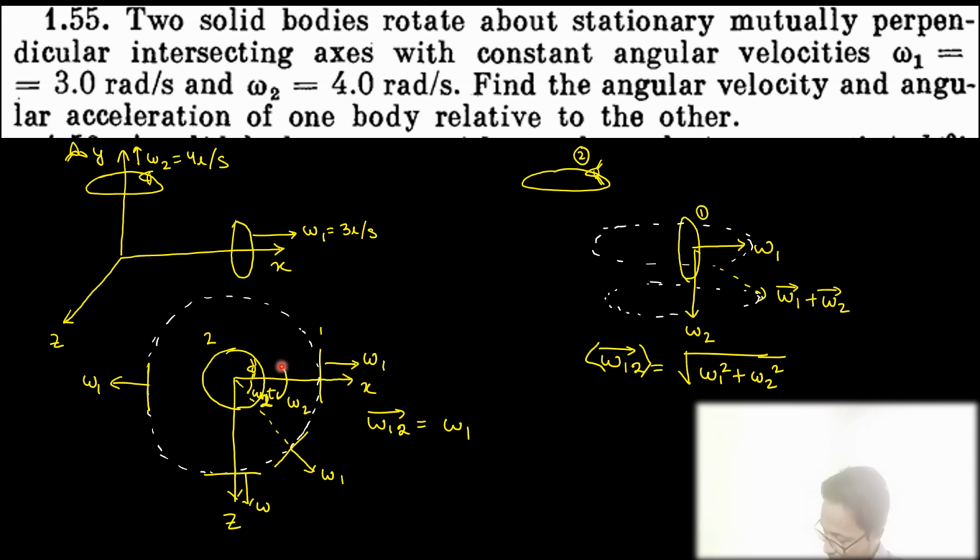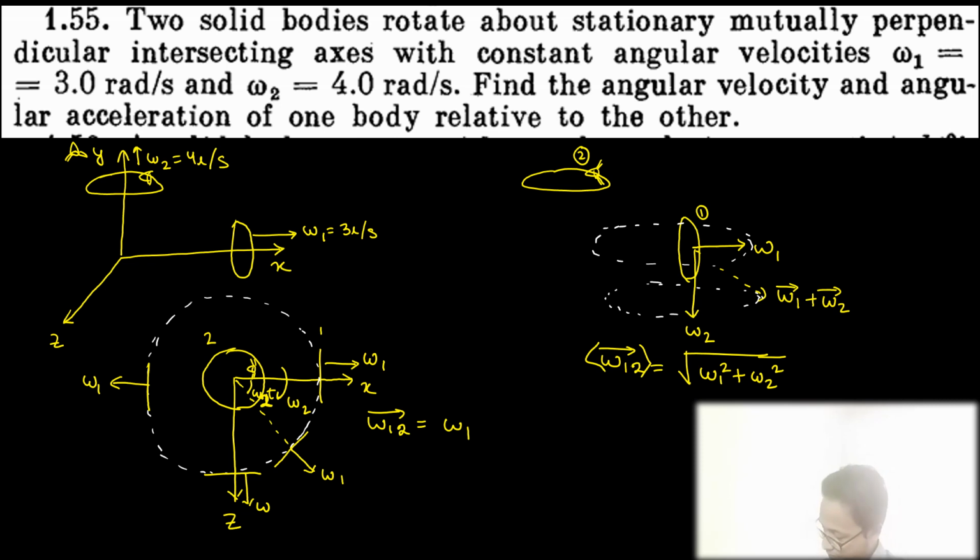Because this axis will be rotating with the angular velocity of disk 2. If you are rotating in a disk, you'll see the world revolving around you with the disk you are sitting in. So this is nothing but omega 2, the angular velocity of this disk.